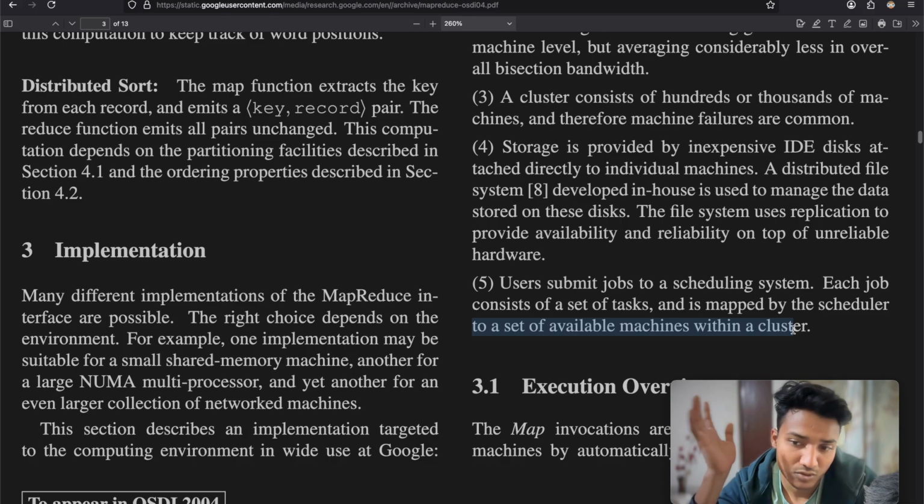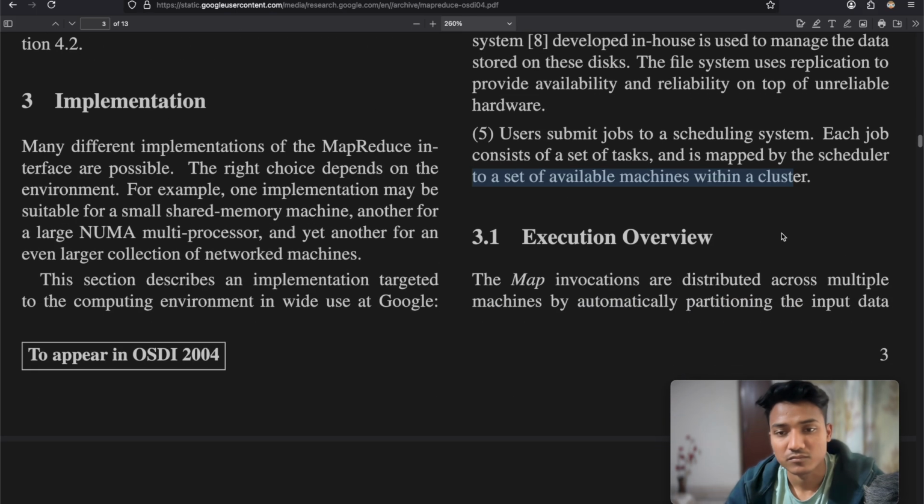A job is pretty much what we think it is, it runs some sort of task. The scheduler takes the job and maps it to the set of available machines within the cluster. And once everything is free, that job or set of tasks will be running. Okay, easy peasy, I guess.